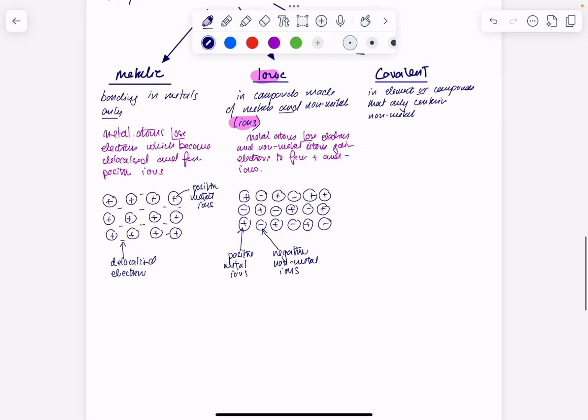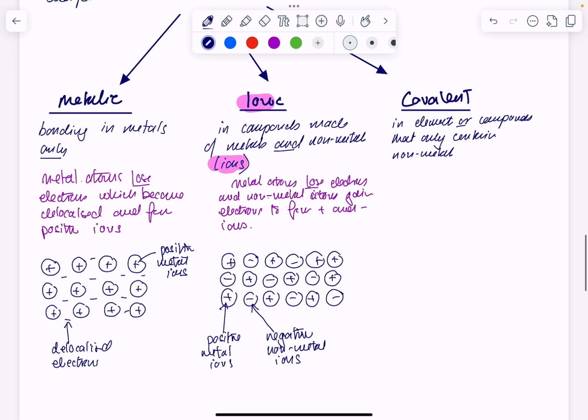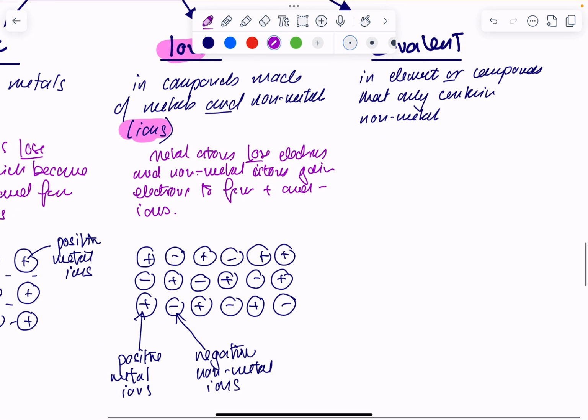Okay, so covalent bonding is from only non-metals. Non-metals don't want to lose electrons, they want to gain them.